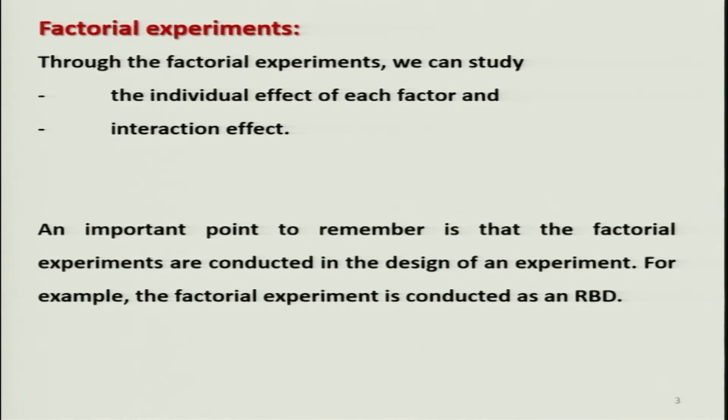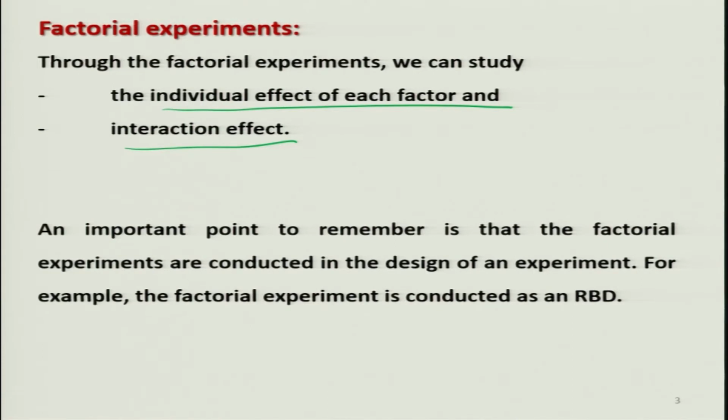Now we have understood that through factorial experiments we can study the individual effect of each factor as well as the interaction effect. Up to now we have considered only the 2 square factorial experiment, so you have only two main effects, A and B, and one interaction effect AB.